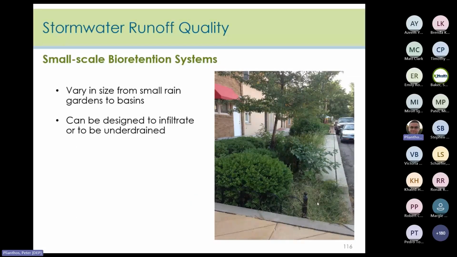Now, as mentioned earlier, small-scale bioretention systems can be designed to infiltrate or designed with underdrain. They can also greatly vary in size, from small rain gardens to full-on basins.